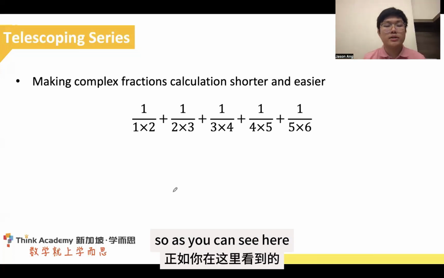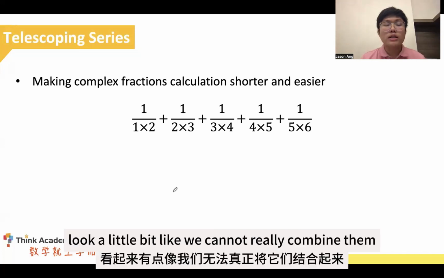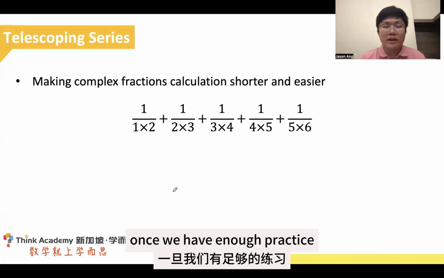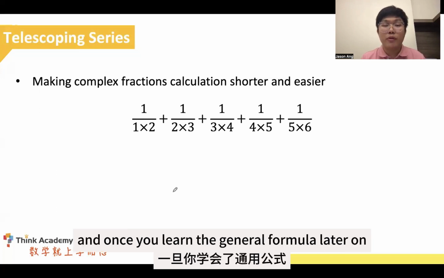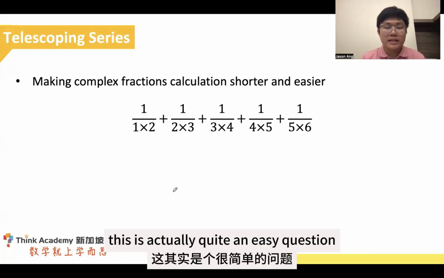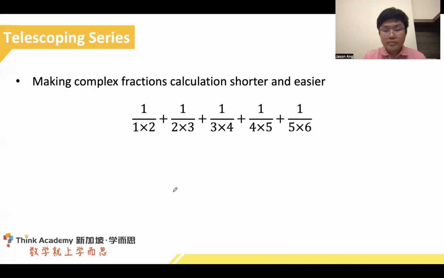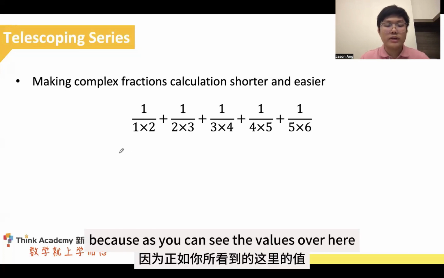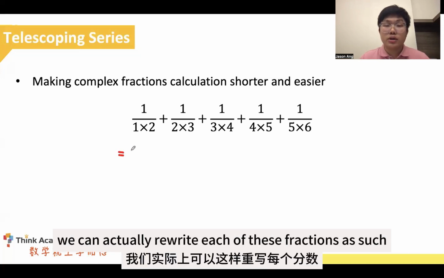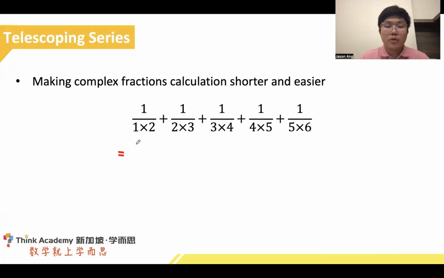As you can see here, these fractions look like we cannot really combine them together. However, once we have enough practice and once you learn the general formula later on, you will see this is actually quite an easy question. Because as you can see the values over here, we can rewrite each of these fractions as such: 1 over 1 minus 1 over 2, which does give us half. Then 1 over 2 minus 1 over 3.